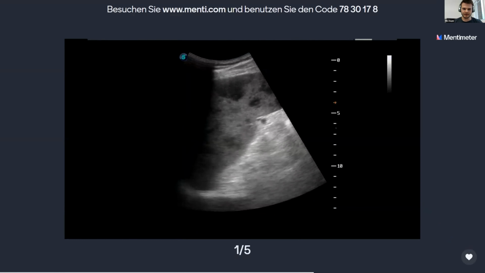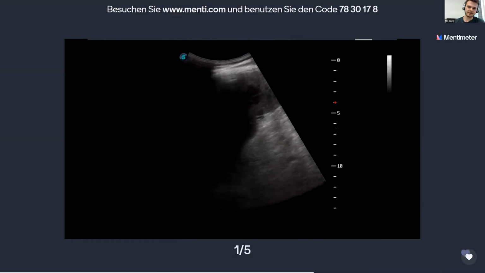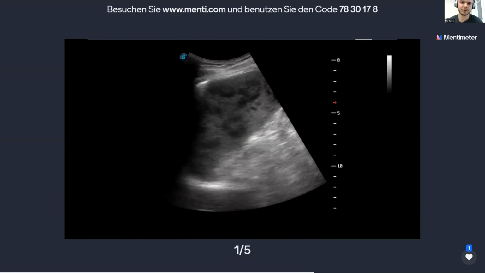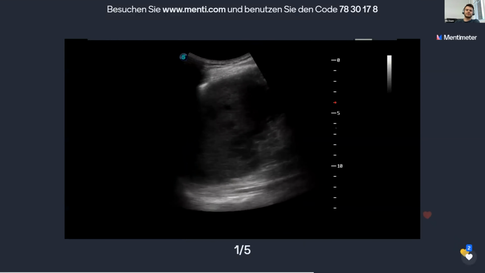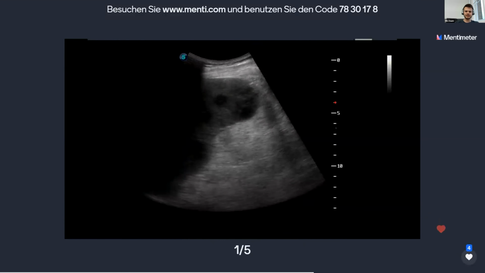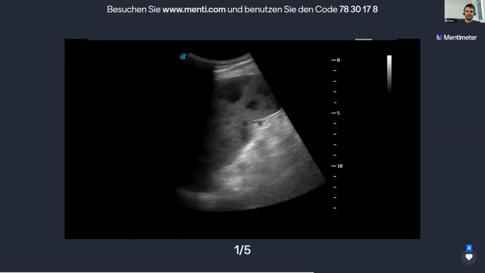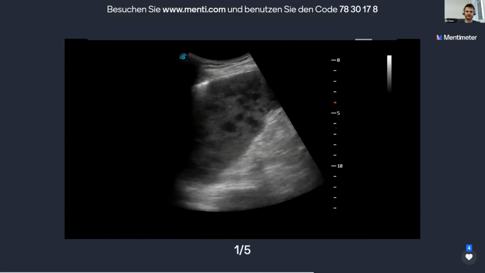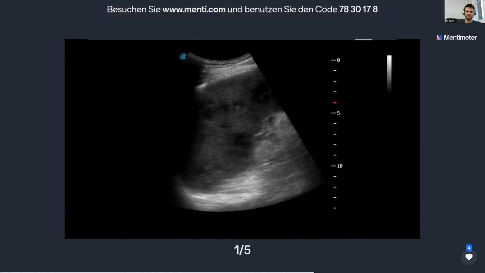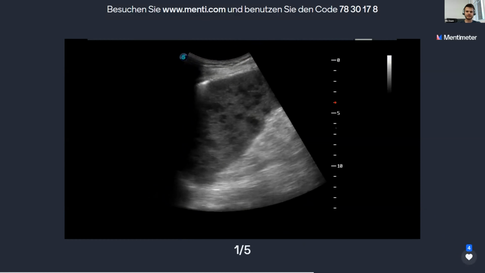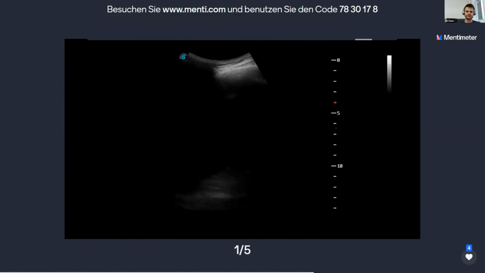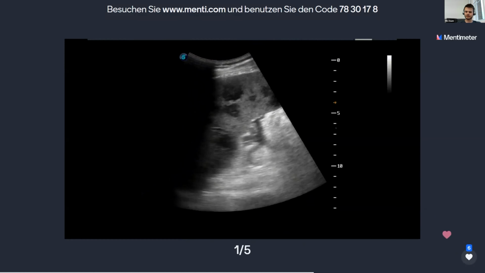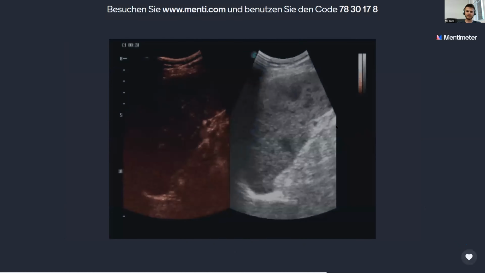Okay. So now we have another case, also some ultrasound loops, and now we have 5 ultrasound loops here, a little bit different picture than the others. So we're going on.